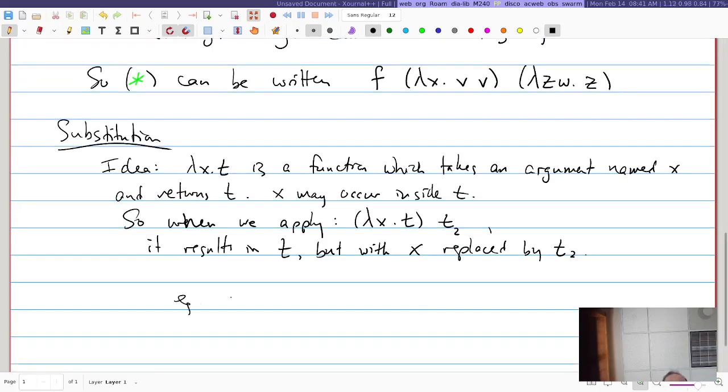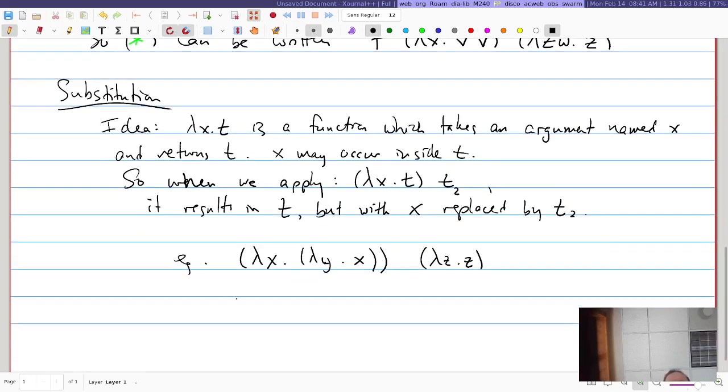So, for example, if I have lambda x dot lambda y dot x, applied to lambda z dot z, again, I've got a function that's expecting x, and it's going to return lambda y dot x.